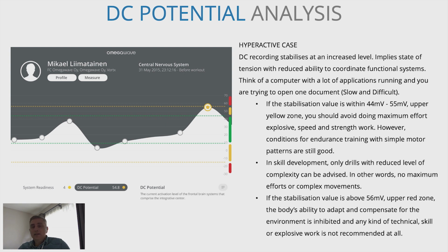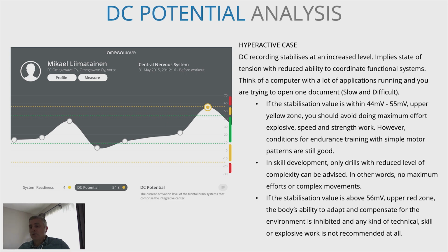Now, low intensity activity in this state, even of a moderate to high volume, is still okay, as it will actually help to bring the extra excitation of the system down to normal ranges.